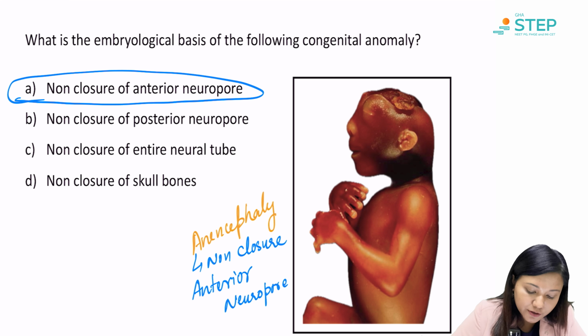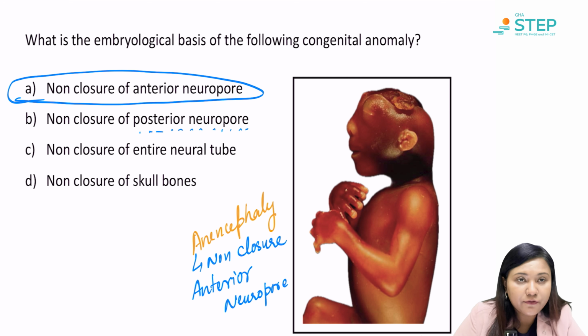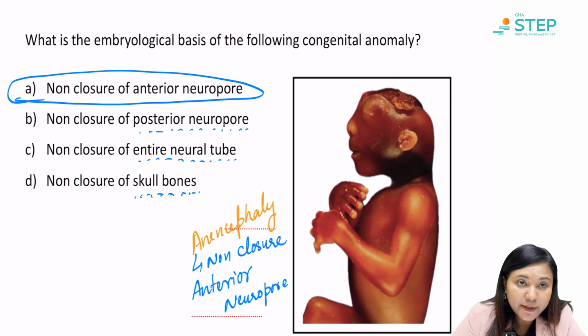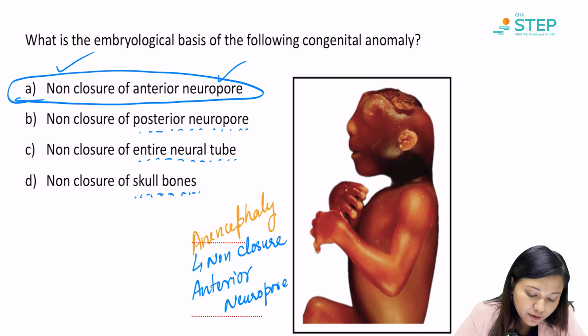If there is non-closure of the posterior neuropore, then you will have spina bifida, and non-closure of the entire neural tube is rachischisis. Non-closure of the skull bone, again, is anencephaly. But here they have not mentioned the neuropore properly. Non-closure of the skull bone is okay, but you also have to mention the neuropore. So the better answer will be non-closure of the anterior neuropore.